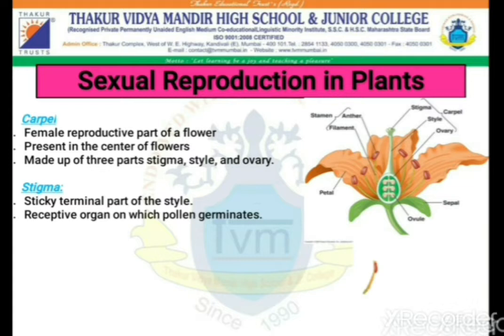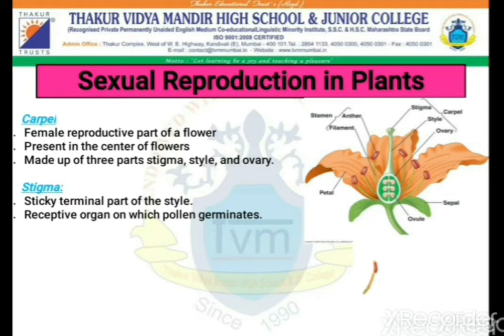It has been made sticky because it is used as a receptive organ on which the pollen grains germinate. That means the pollen grains will come and land over here. Since they should come and land there, that particular part has been made sticky.